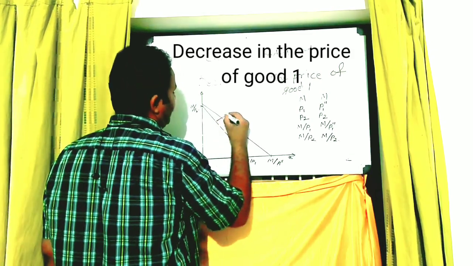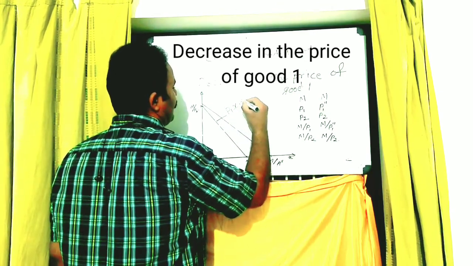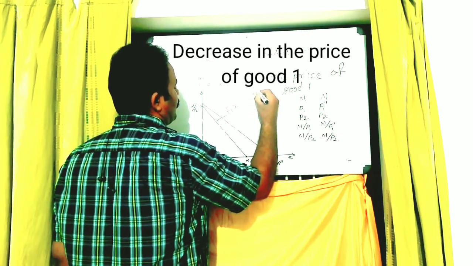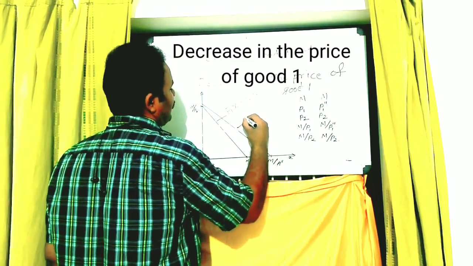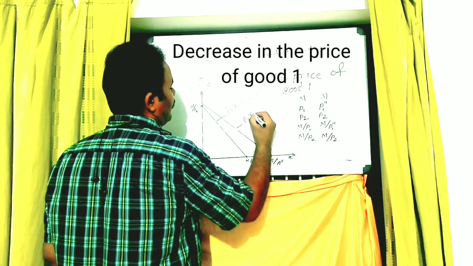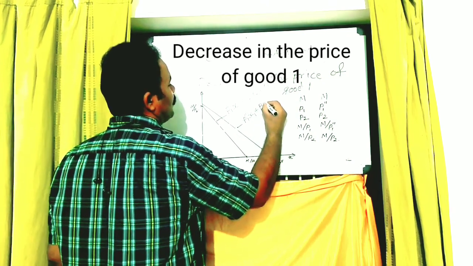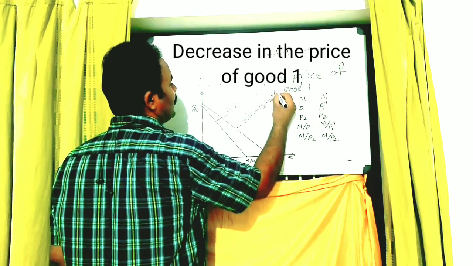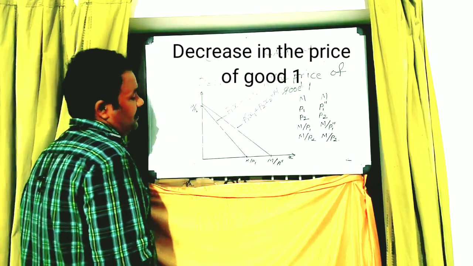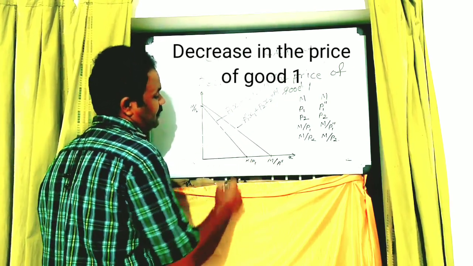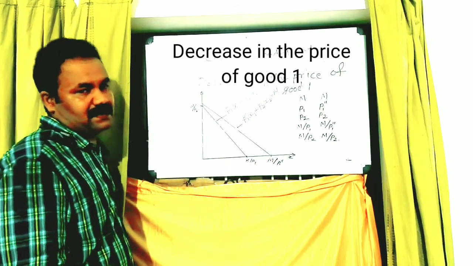The initial budget line represents the equation P1 x1 plus P2 x2 is equal to M. The new budget line represents the equation P1 double dash x1 plus P2 x2 is equal to M. So here we can see when the price of good one decreases, the horizontal intercept will shift outwards around the y-axis.